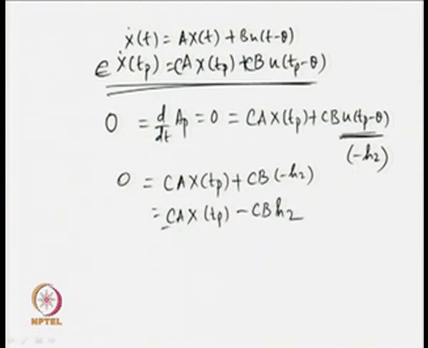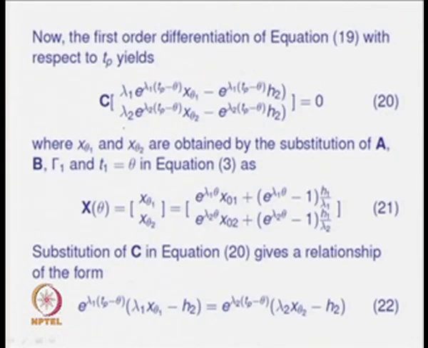Now, substitute C A and x(Tp), C and B, and we get the expression for the first order differentiation of the output in the form of lambda 1 e to the power lambda 1 (Tp minus theta) times x theta 1 minus e to the power lambda 1 (Tp minus theta) h2, and the second element as lambda 2 e to the power lambda 2 (Tp minus theta) times x theta 2 minus e to the power lambda 2 (Tp minus theta) h2, is equal to 0.